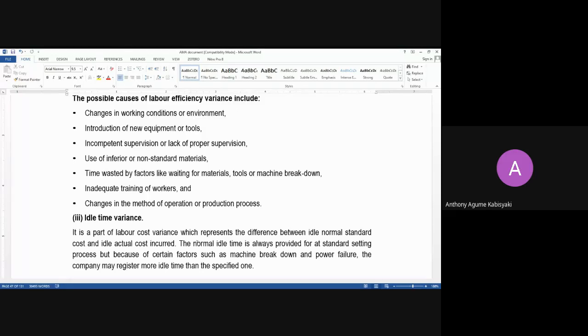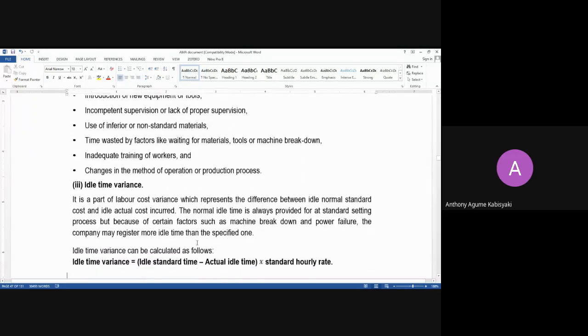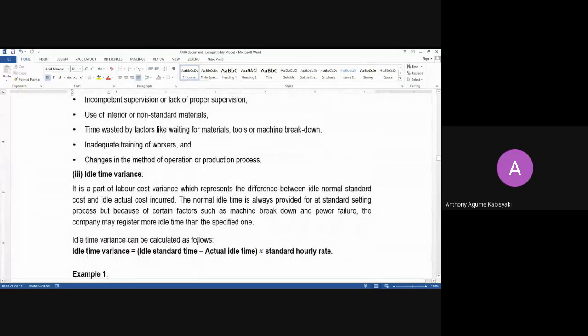Then the last one under labor cost variance is idle time. The idle time variance is that part of labor cost variance which represents the difference between the normal standard idle cost and the actual idle cost that is incurred.